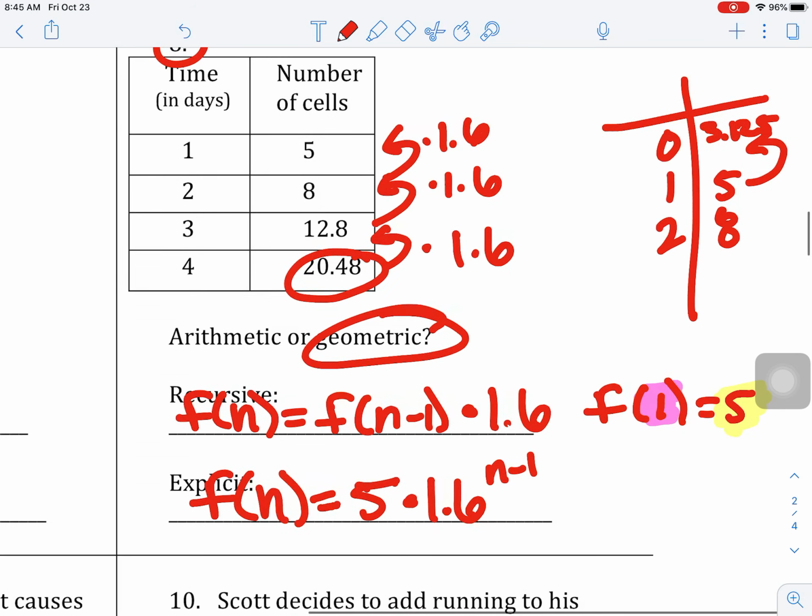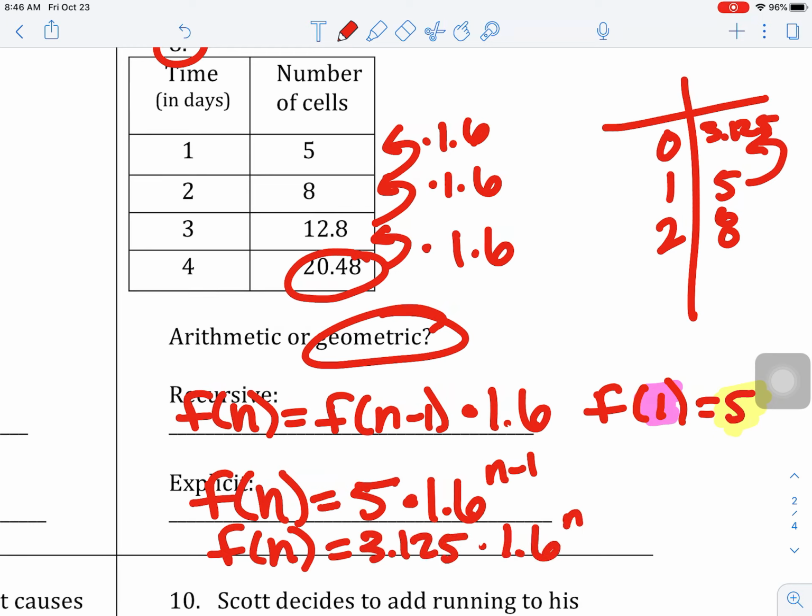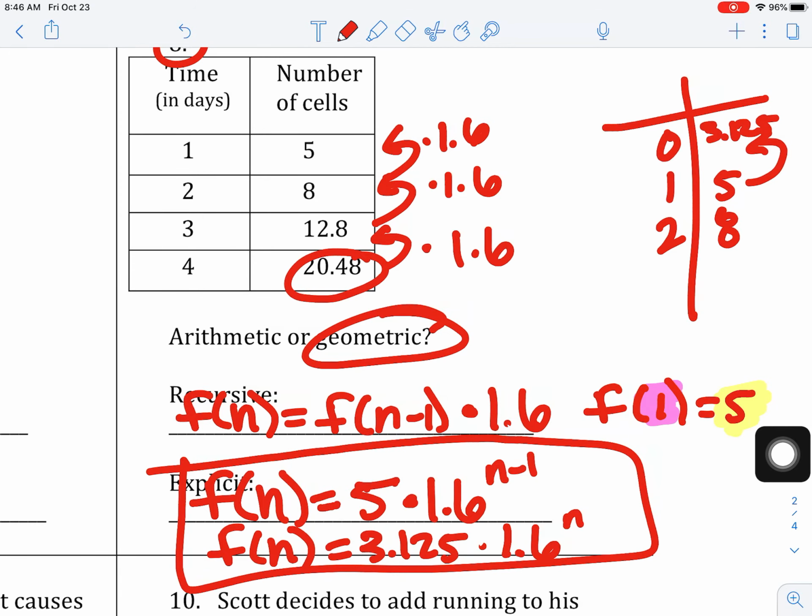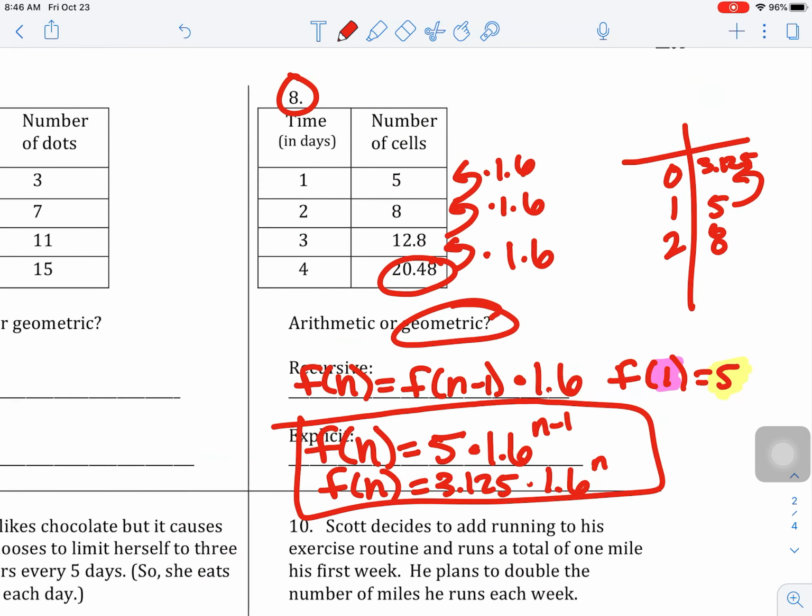And so this is how I could make my equation shorter in the explicit, and I could say f of n equals 3.125 times 1.6 to the power of n. And the only thing it helps me with when I go back to the 0th input is that my exponent is just plain n and it doesn't have that n minus 1. Both of these are correct. Either one would be correct on the test.